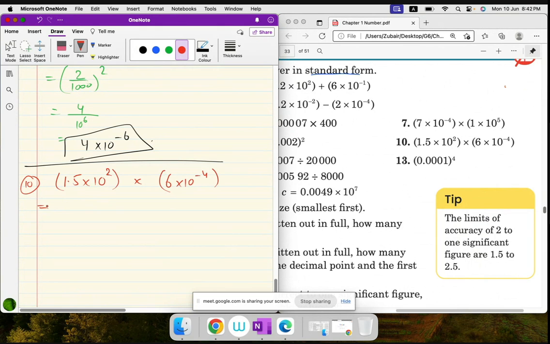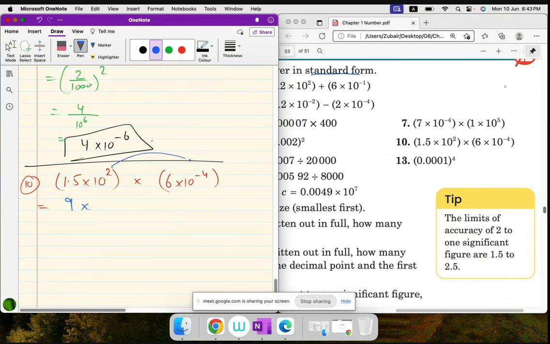So what is 6 into 1.5? It's 9. Yes, 6 and a half of 6.